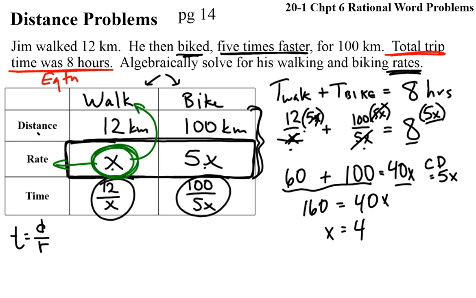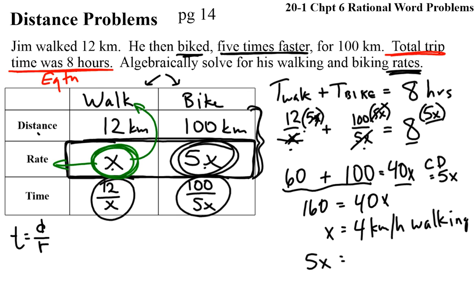So we know that x is 4 kilometers per hour walking. And 5x is the velocity on the bike, because that's what it tells us. So 5 times the x value of 4 is 20 kilometers per hour biking. And now we've solved the question.